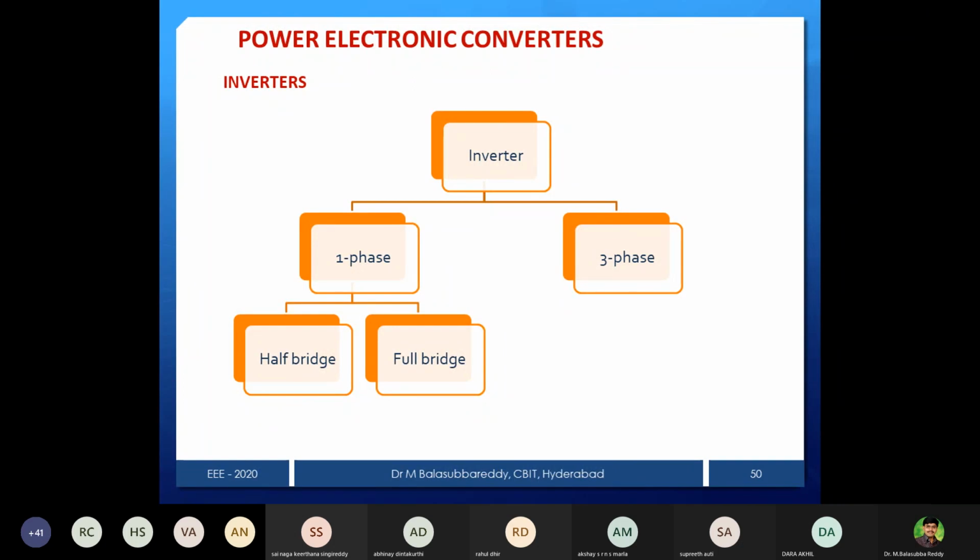There we have 6 devices to operate in three phase mode. The input is DC, so it won't be affected. The only thing is on the output side: instead of 2 legs you make use of 3 legs. That means each leg gives one phase to the load side, and you can connect it to a three phase induction motor or something like that.